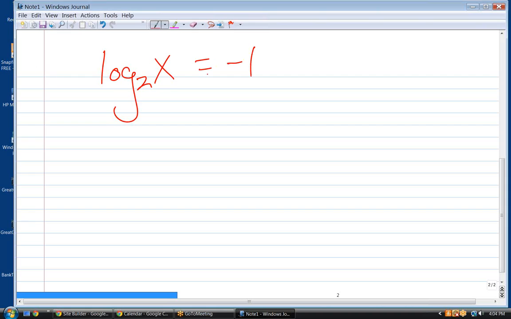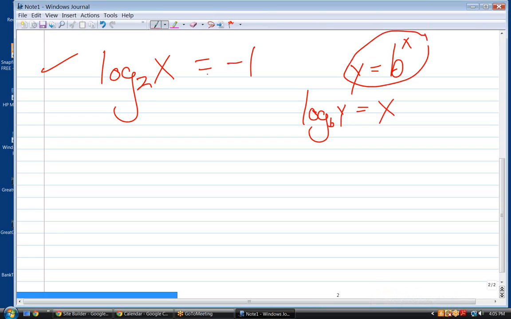What is the exponential expression of that? That's the logarithmic equation. What would the exponential equation be? I'm not too sure. Okay, to convert back and forth, let's review. y equals b to the x means that the log of y base b equals x.